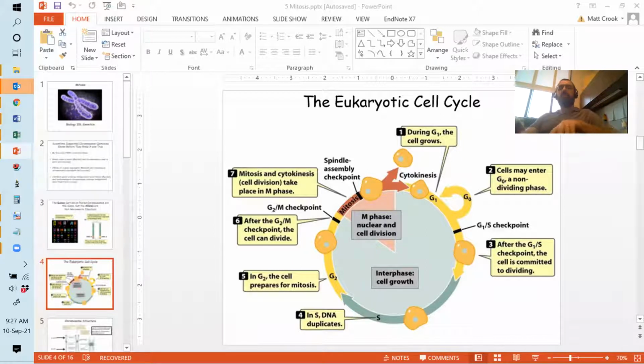Right. So the G2 to M checkpoint, which is after DNA replication, because that happens in the S phase, is all about checking for DNA damage again, and completion of DNA replication.